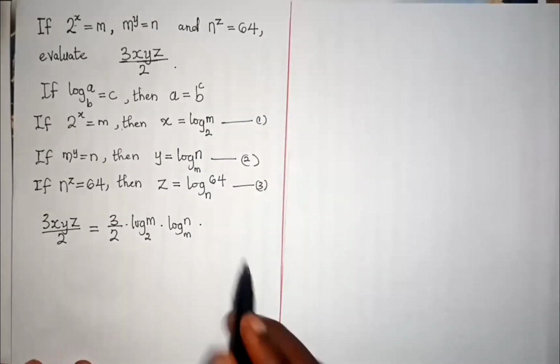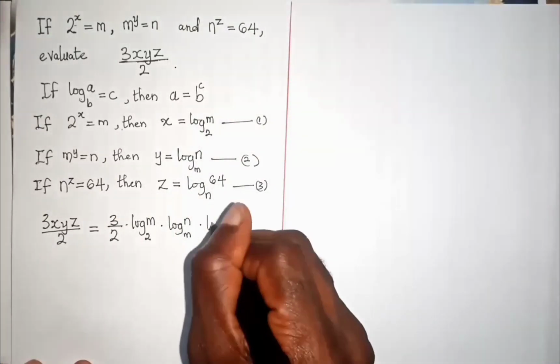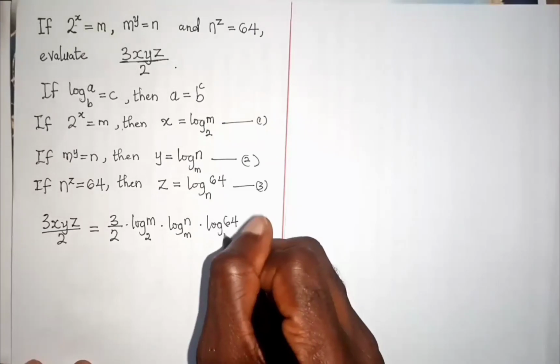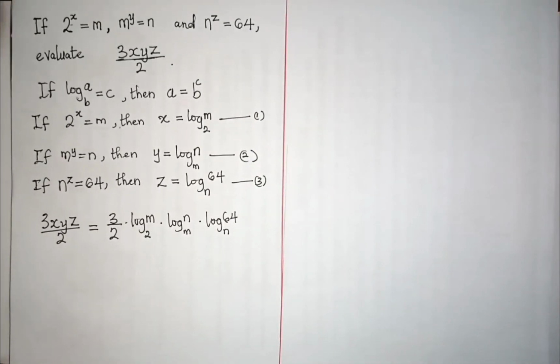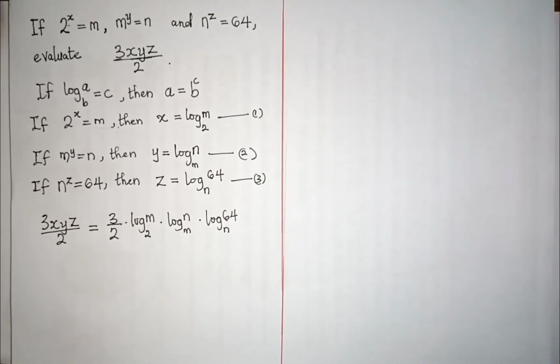And then z has been found to be log 64 to base n. If you like, you may also use natural logarithm; you have the same results.